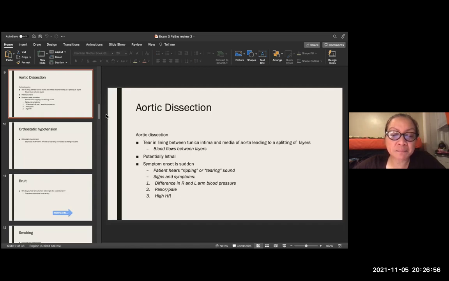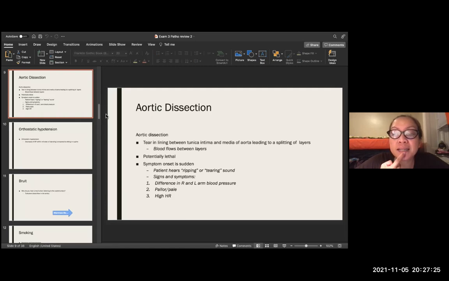Signs and symptoms: difference in right and left arm blood pressure. All right? Sometimes you take the blood pressure on one brachial and the other brachial, and they are different. Technically they should be the same. So once there is a difference, then you suspect aortic dissection.